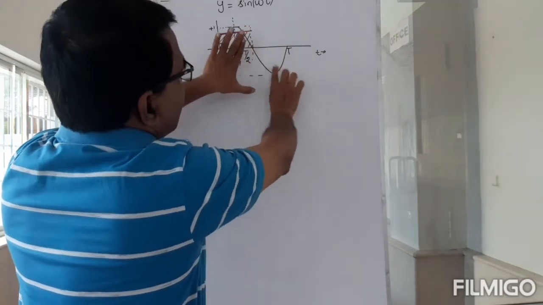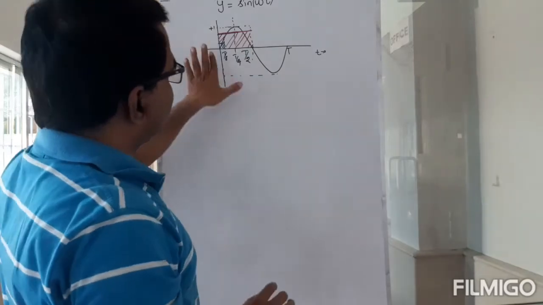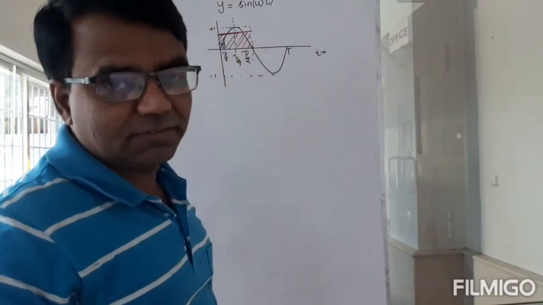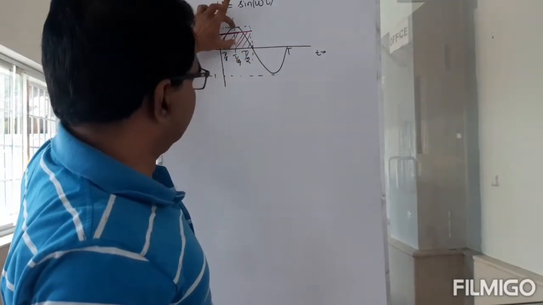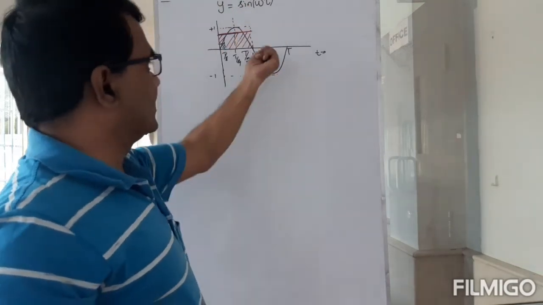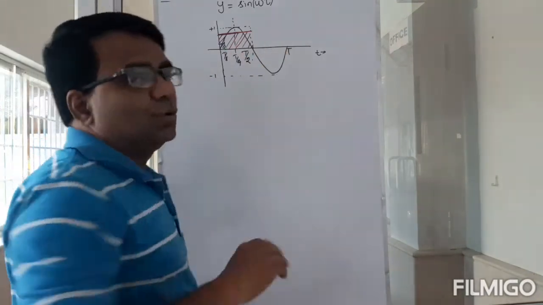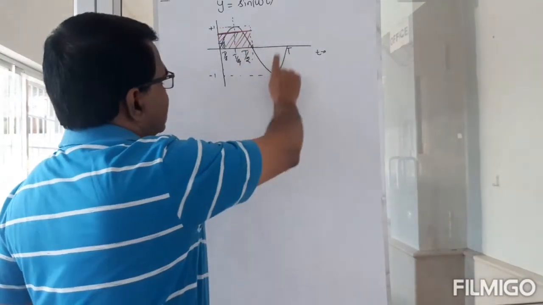This is going to give me a negative area, and this will give me the positive area. Because these two curves are symmetric, this positive area will cancel this negative area, and the net area of this curve will be 0 for me. So the net area is 0.